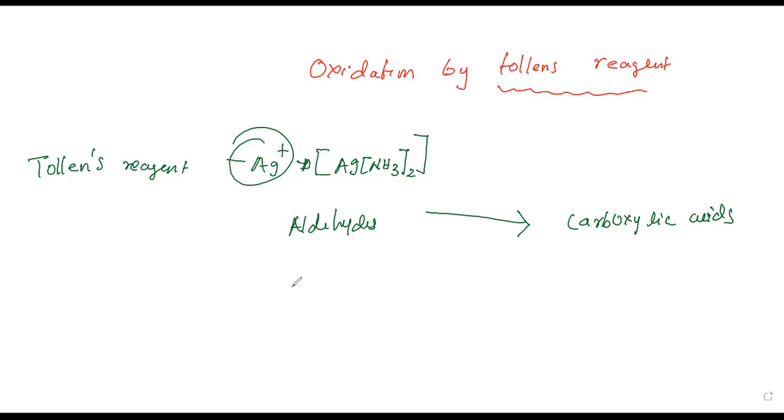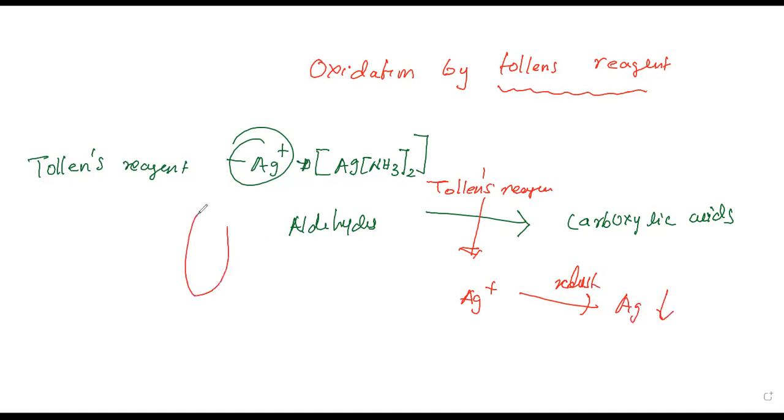We are using the Tollens reagent. You have the Ag plus here. The Ag plus is reduced to Ag as a silver, which will deposit on the wall of the test tube.